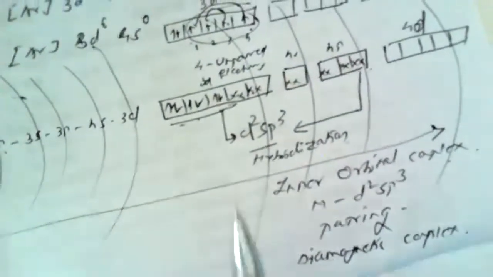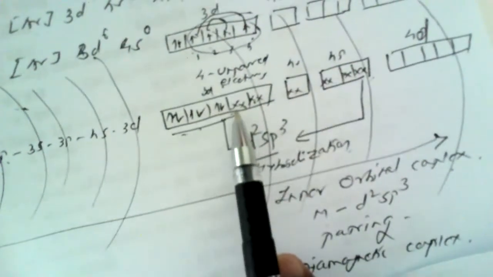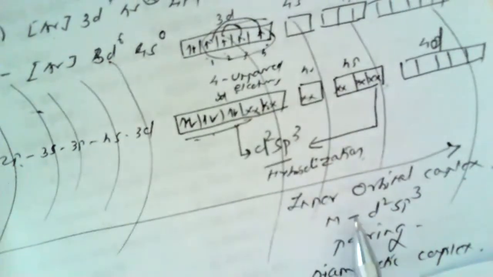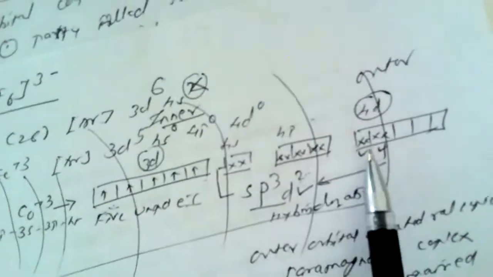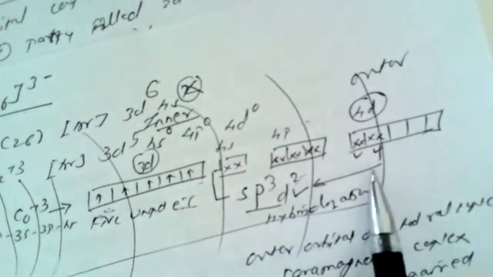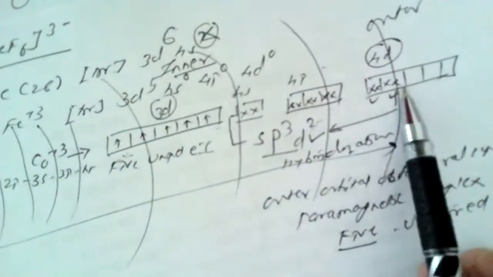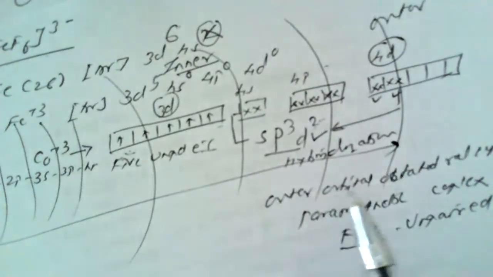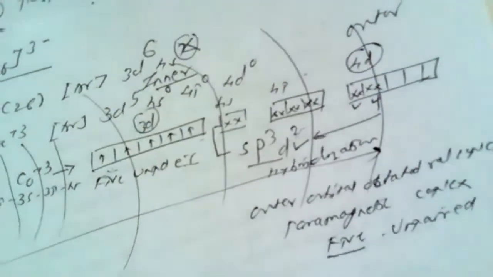So if we want to conclude, just see here. In the previous case, the complex was produced due to involvement of inner 3d orbitals, hence it is known as the inner orbital complex. But this complex is formed because of the involvement of outer 4d orbitals, hence it is known as the outer orbital octahedral complex.